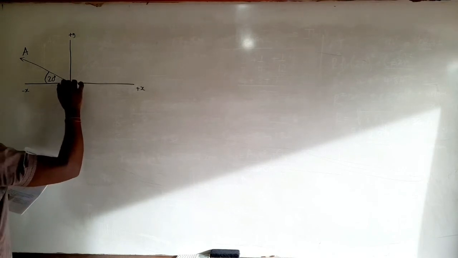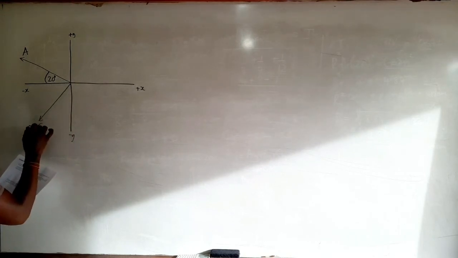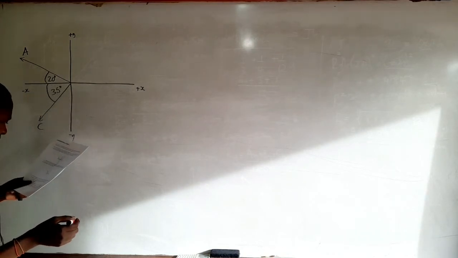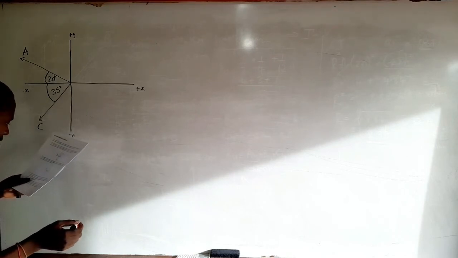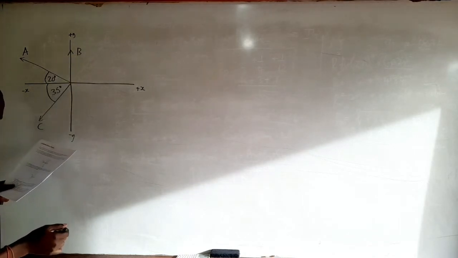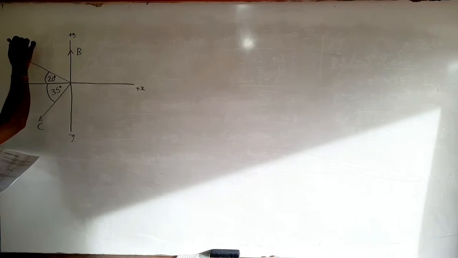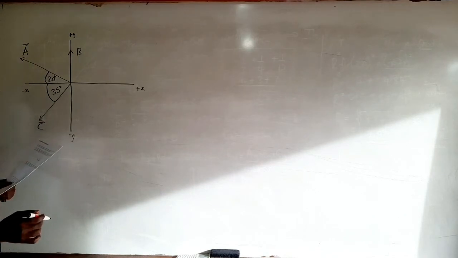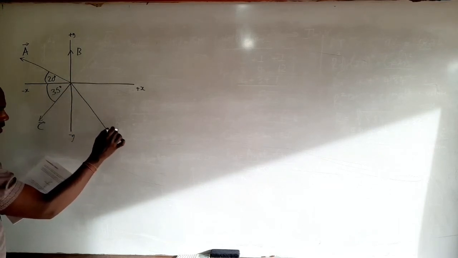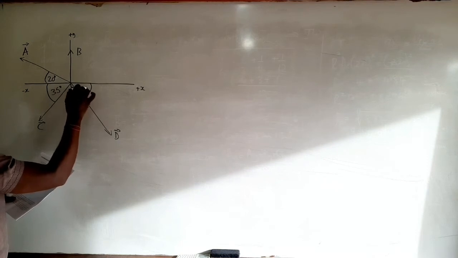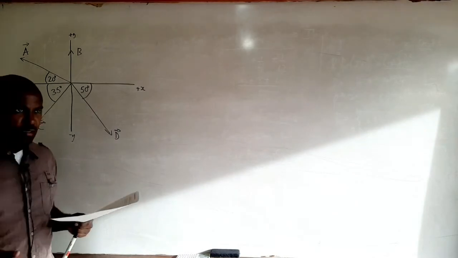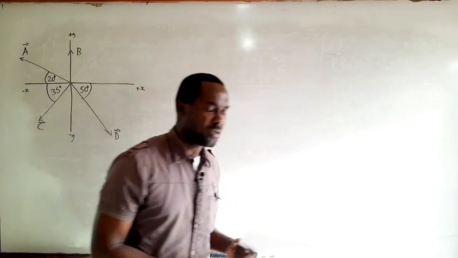We have vector C acting in this direction at an angle of 35 degrees below the negative x-axis. We have vector B acting vertically along the positive y-axis, and vector D acting in this direction at an angle of 50 degrees below the positive x-axis. So we'll use the method of components to find the resultant of these vectors.